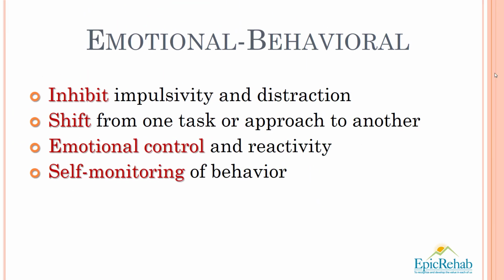There are 4 major emotional behavioral types of executive dysfunction: difficulties with inhibiting impulsivity and distraction, limitations in ability to shift from one task or approach to another, limited emotional control and reactivity, and diminished self-monitoring of behavior.